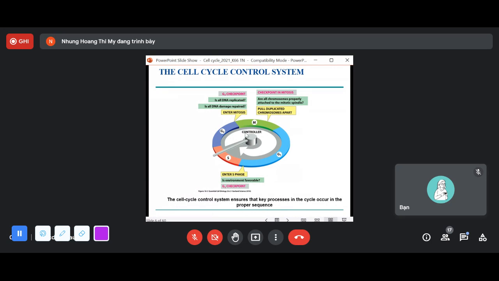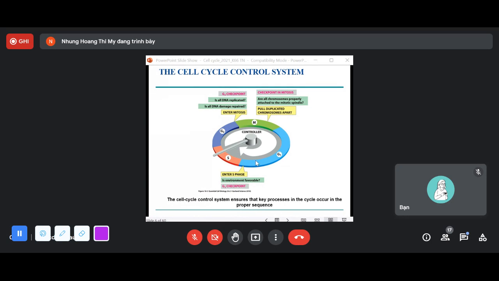So here in this figure you see some main cell cycle checkpoints from the G1 phase to the M phase. In G1 phase, the checkpoint mostly gives the answer to whether the environment is favorable.